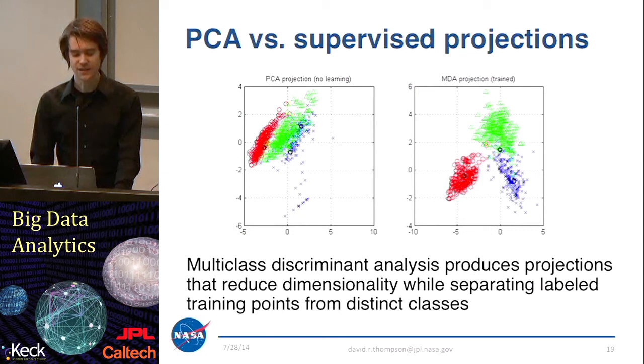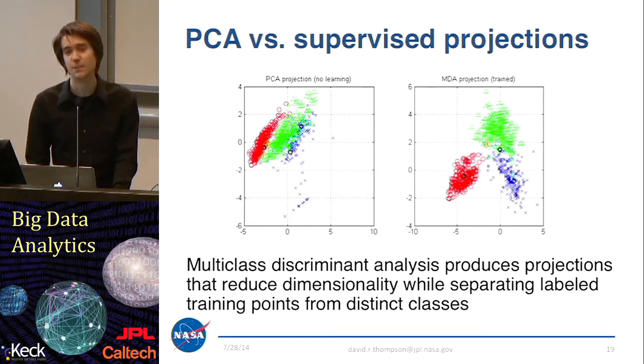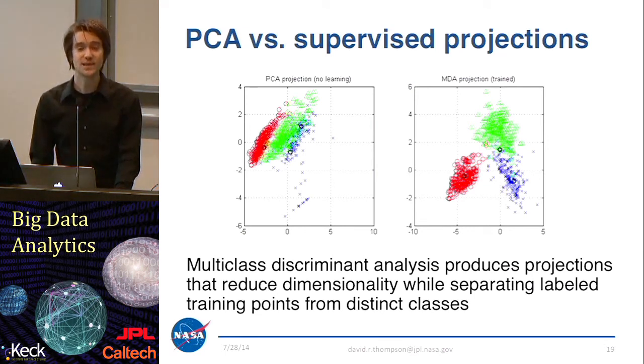And here you see a projection of data points from rock outcrops. This rock outcrop had 3 different classes, and you can see that the MDA projection, that is the multiclass discriminant analysis, does a much better job of separating these classes than traditional PCA or indeed clustering on the raw feature space would.